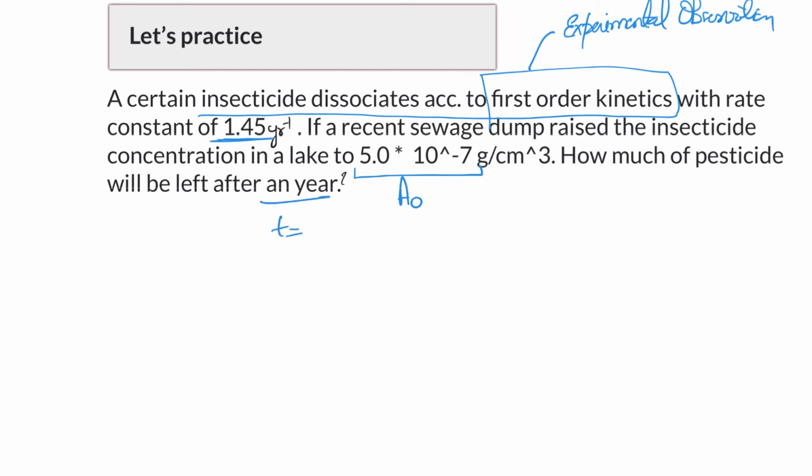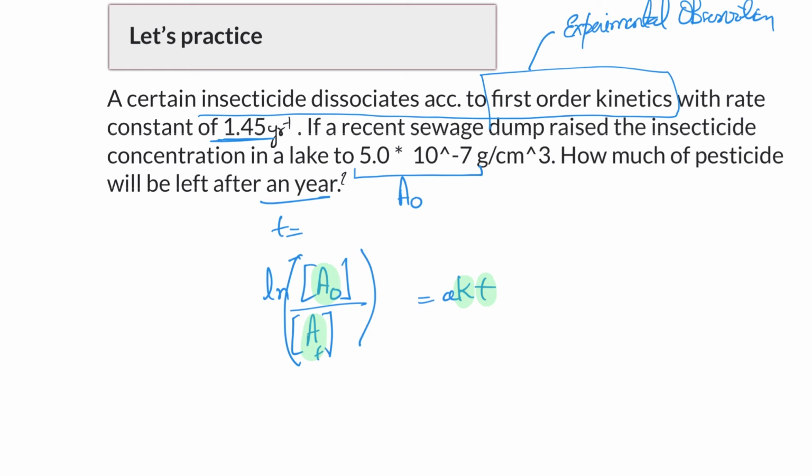So first order kinetic equation, I hope you remember the formula is ln a naught upon at, remember this is inside this, at, not a, equals akt. So here, what do you already have? You have k, you have a naught, you have to find what is at, and you also have t.